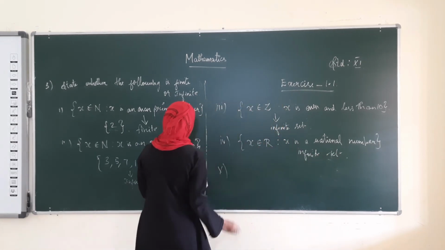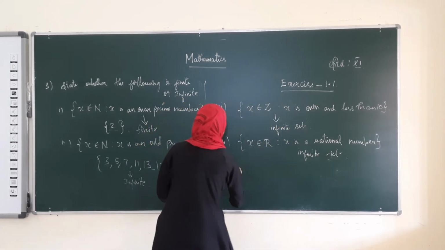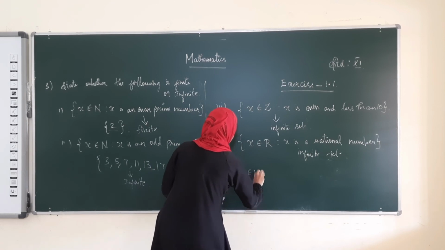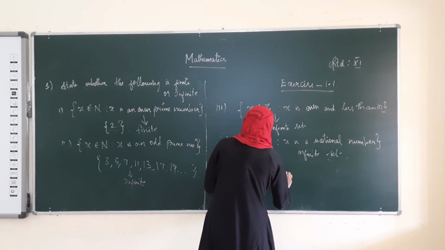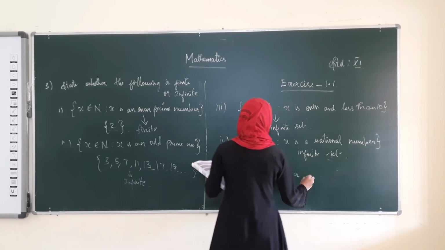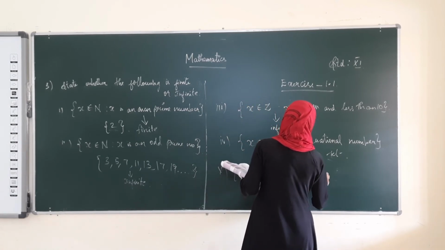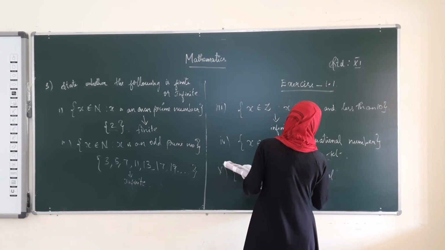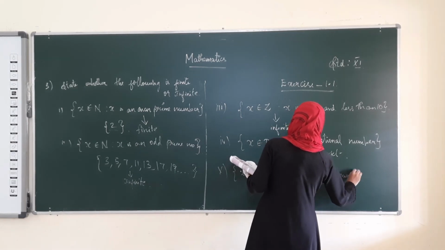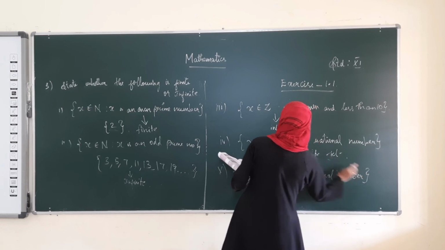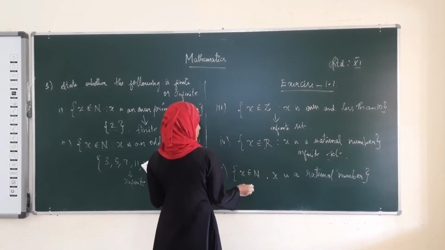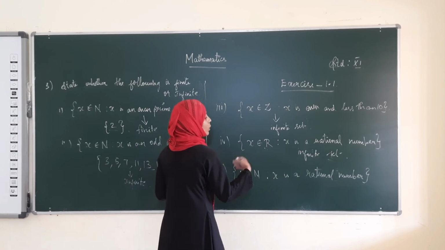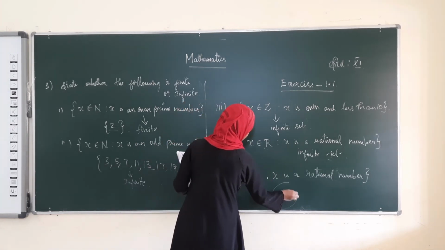Okay. Fifth subdivision. x belongs to N. N is the set of all natural numbers such that x is a rational number. Similarly, in the last subdivision, what we have done? We have seen rational numbers in the real numbers. Now, rational numbers in the natural numbers.